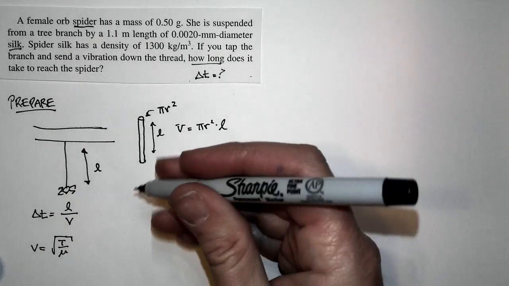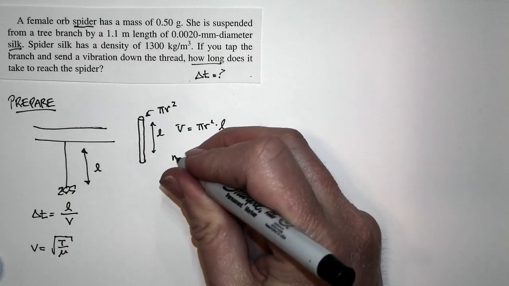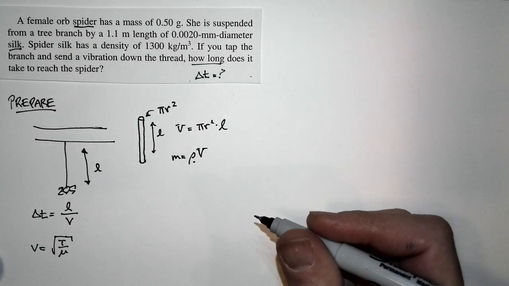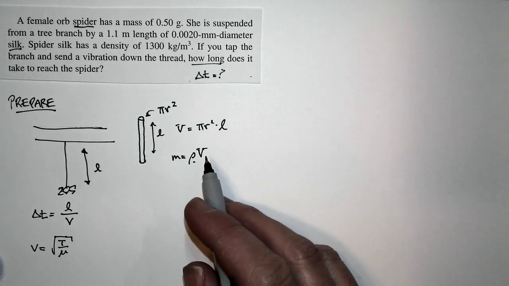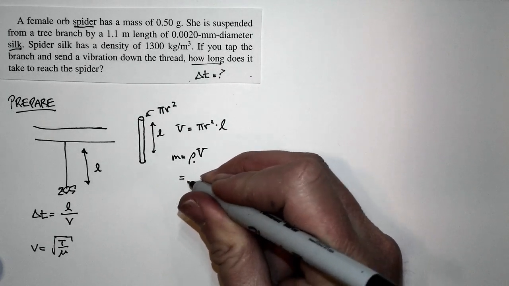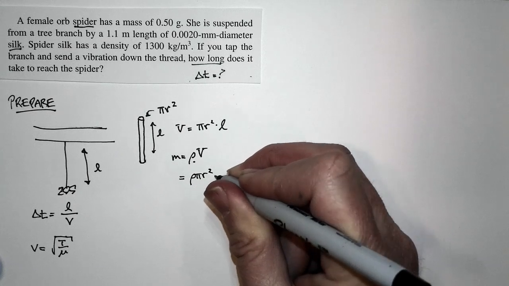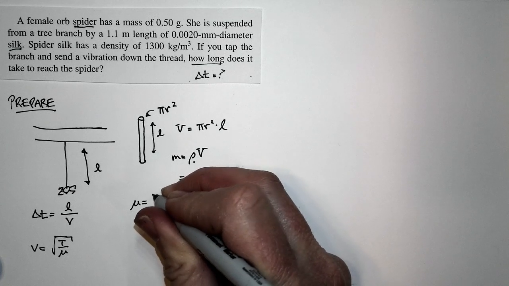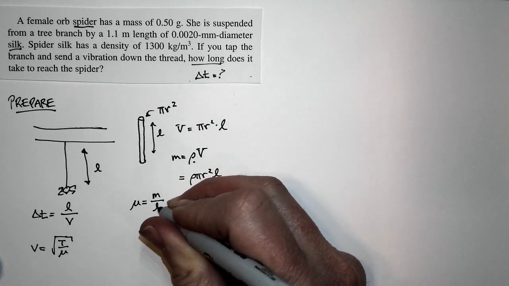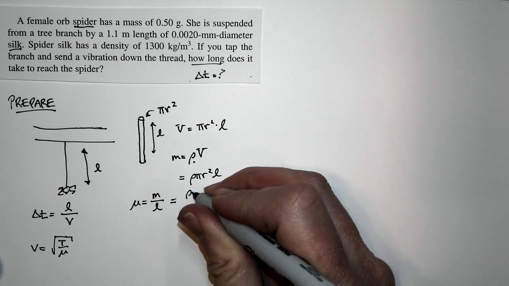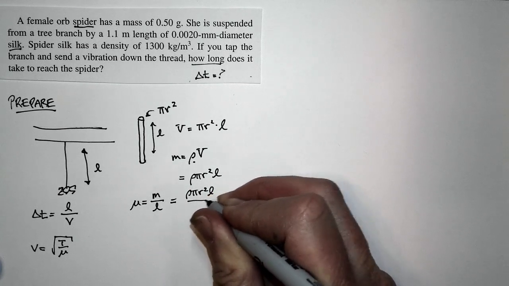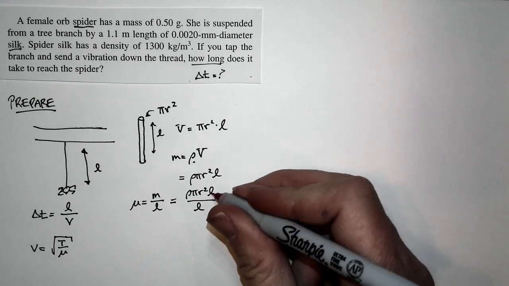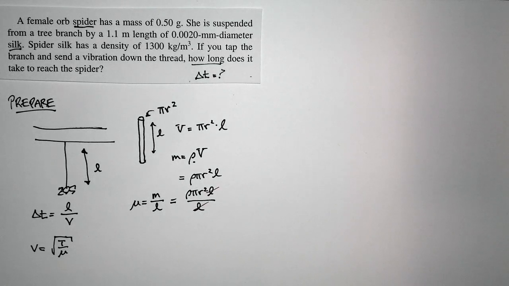And so the mass of this particular piece of spider silk is equal to rho times V. It's just equal to the density times the volume. That's true for any object. And we know the volume is pi r squared times L. So the mass is equal to rho times pi r squared times L. And we have to compute the mass per unit length, m over L. Well, m is equal to rho times pi r squared times L, and if we divide that by L, the L cancels, and that makes sense because it's the mass per unit length, and so we don't expect it to depend upon the length.